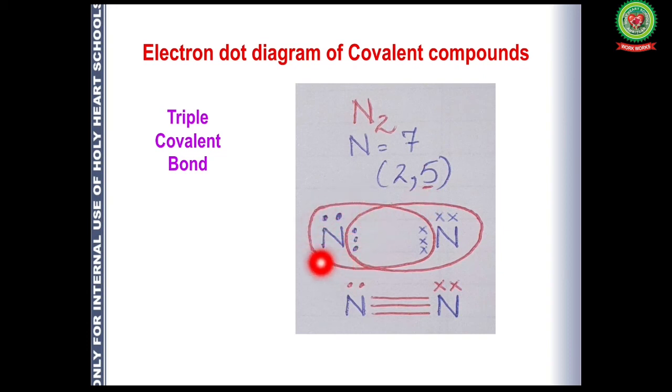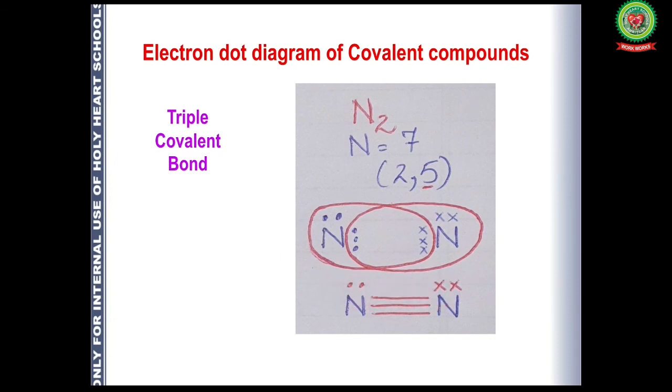Presentation also matters a lot. We'll draw 5 electrons of the nitrogen, and it requires 3, so it will share 3 electrons of the other nitrogen. The other nitrogen will also share electrons in a similar manner, and since 3 pairs of electrons are being shared, this gives rise to triple covalent bond formation.